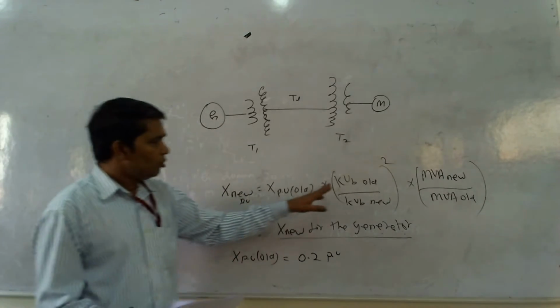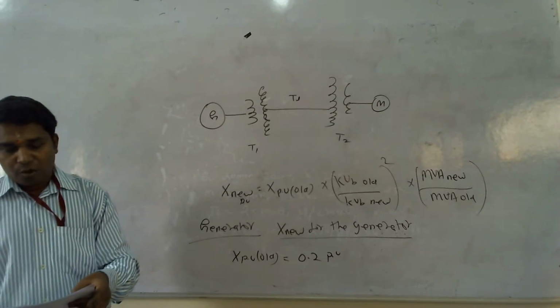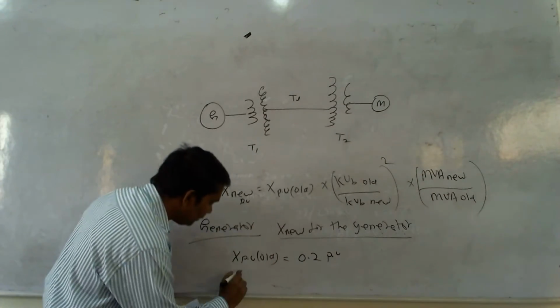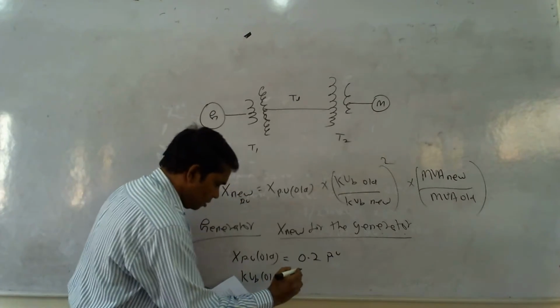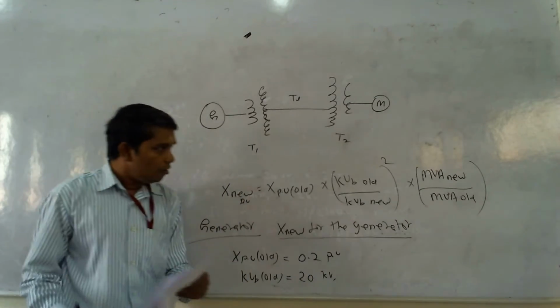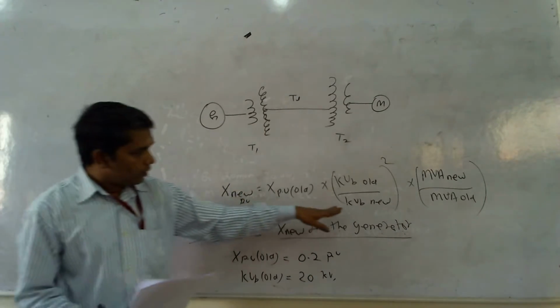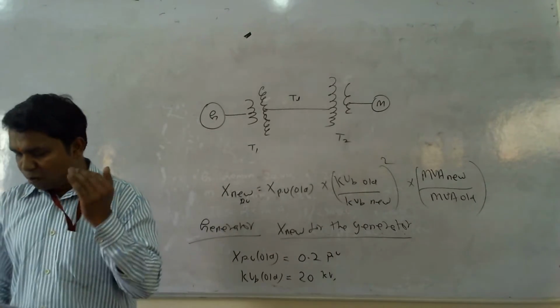Then we need the kilovolt base old value. The old value is given as 20 kilovolt. So kilovolt base old equals 20 kilovolt, right? Then what other data is given? Kilovolt base new is not given here, that we have to calculate.